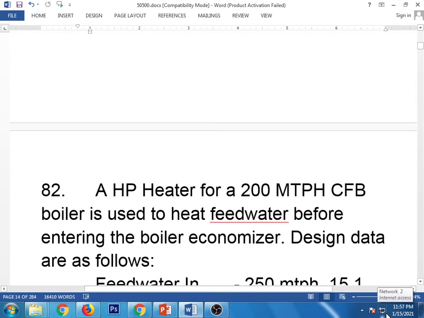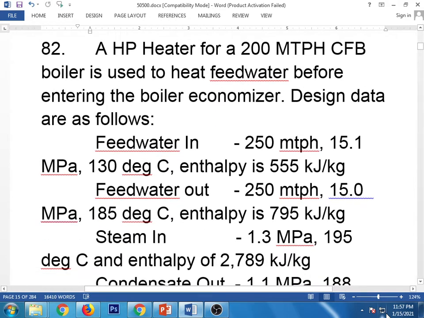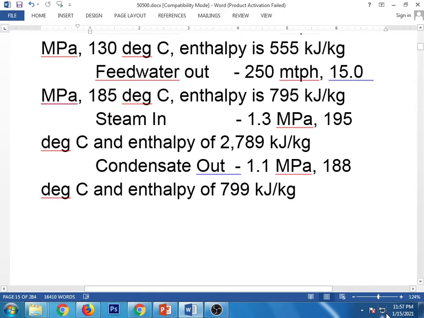An HP heater for a 200 MTPH CFB boiler is used to heat feed water before entering the boiler economizer. Design data are as follows. Feed water in: 250 MTPH, 15.1 MPa, 130 degrees Celsius, enthalpy 555 kilojoule per kilogram. Feed water out: 250 MTPH, 15.0 MPa, 185 degrees Celsius, enthalpy 795 kilojoule per kilogram.